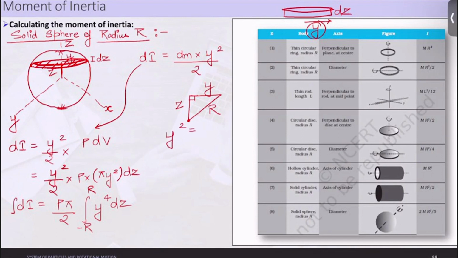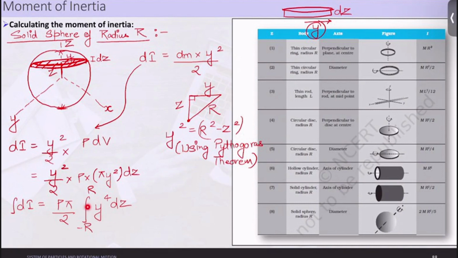Y square is basically r square minus z square. I just used the simple Pythagoras theorem here. Why are we doing this? Because the integration to be performed is a function of dz.